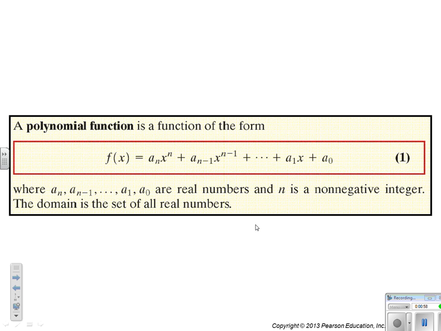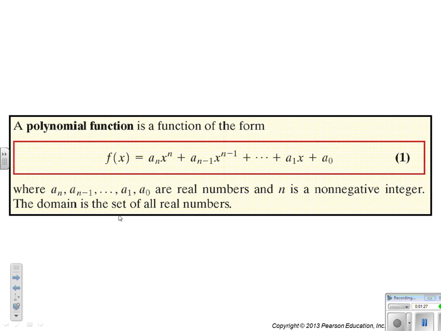It's f of x equals a sub n x to the n plus a sub n minus 1 x to the n minus 1, where the subscripts just tell you it's a different coefficient here than it is here. Coefficients are real numbers, and n is a non-negative integer.